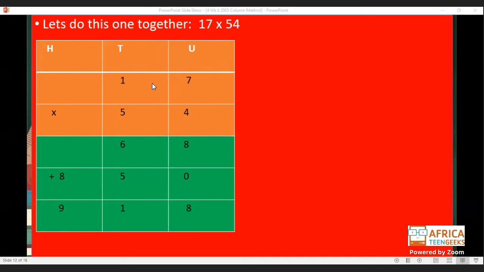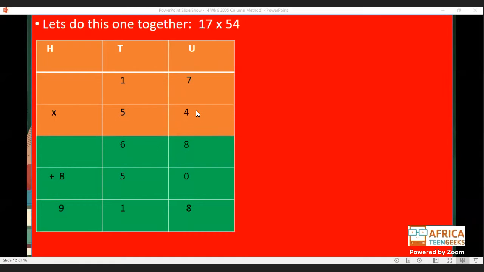What is 4 times 1? 4 times 1 equals 4, plus the 2 that we carried. What is 4 plus 2? 4 plus 2 is 6. And then what do we do next?